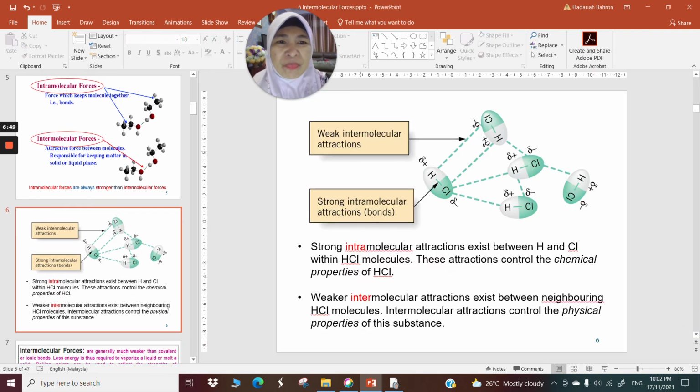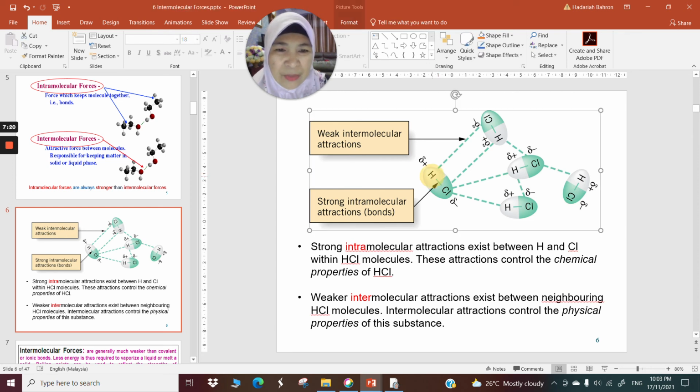That is understood. For example, if you have hydrochloric acid, HCl, the intramolecular force is the covalent bond that exists between hydrogen and chlorine. But between one molecule of HCl and another molecule of HCl, there is an attractive force between the hydrogen of one molecule and the chlorine of another molecule, and that is called a weak intermolecular attraction.